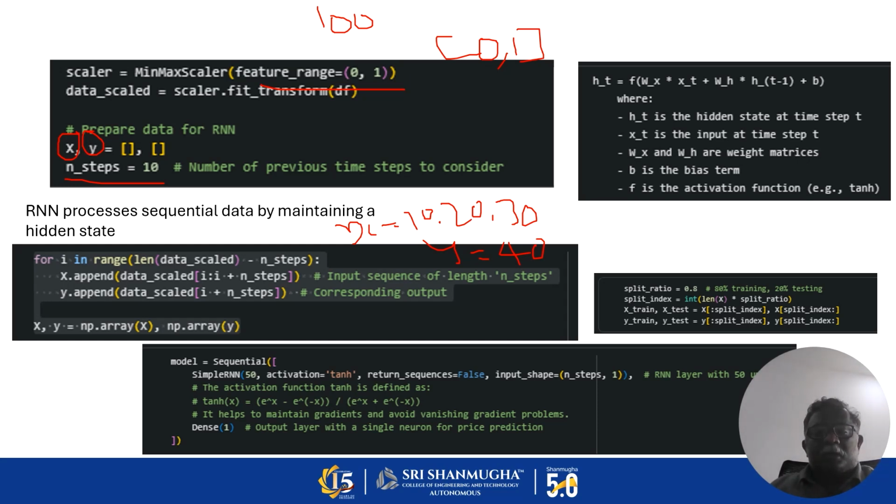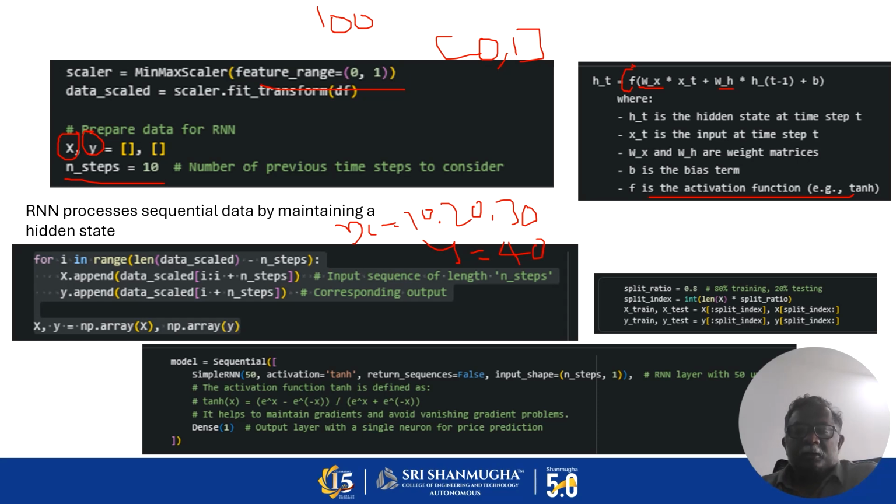For the hidden state, whatever value we get from the input and whatever we get from the previous time step will be summed up and activated. Here this is for the input, and W_h is the weight from the previous hidden state, and we use a tanh activation function, so the value ranges from -1 to 1.